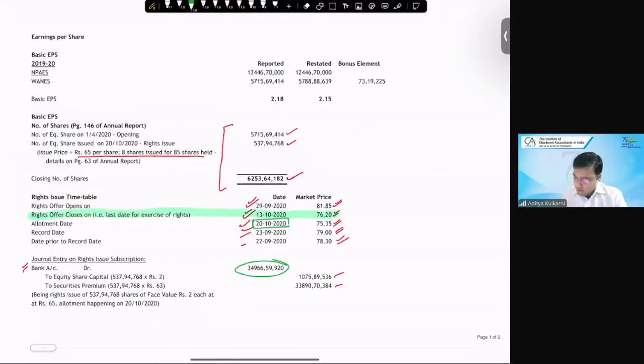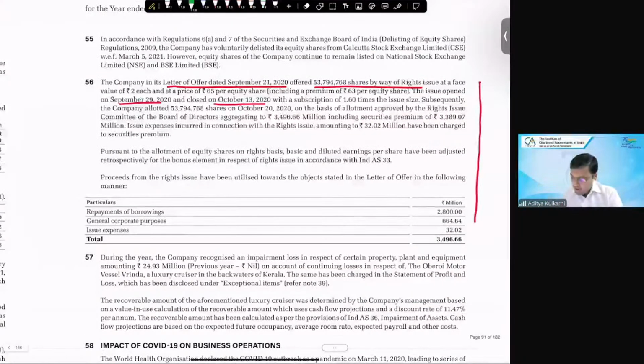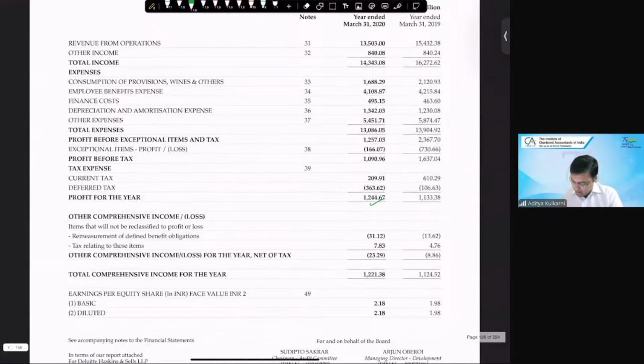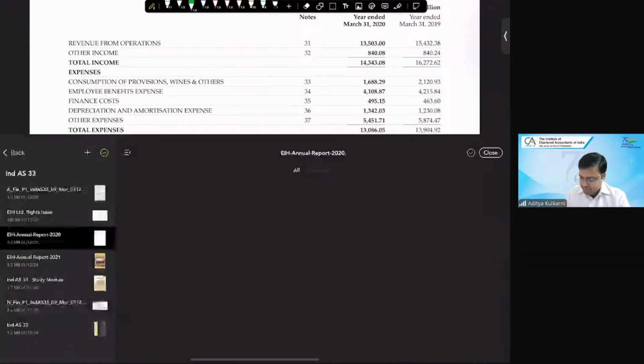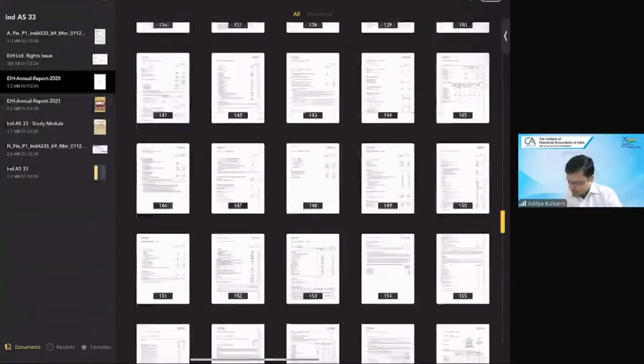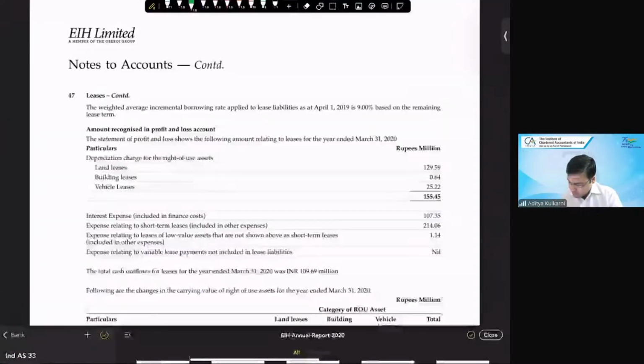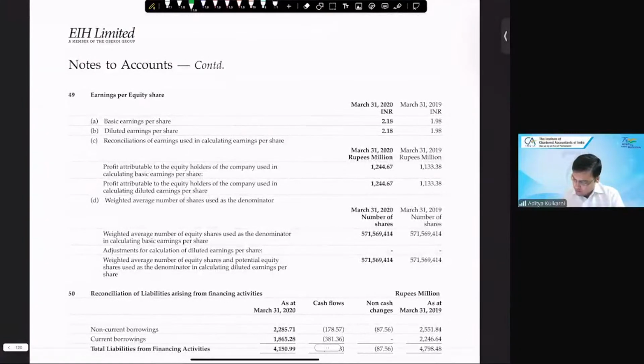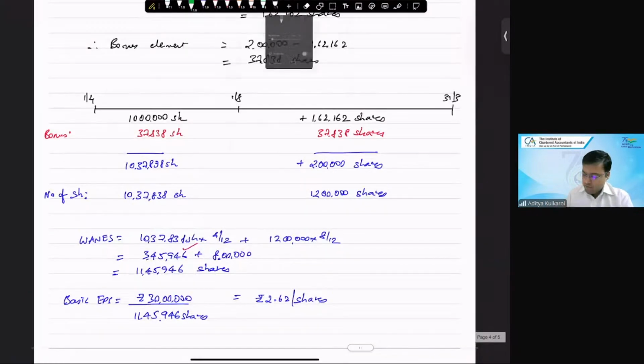So 1244.67 divided by what is my weighted average number of equity shares? Well, in this year, the EPS workings, note number 49. When I go to note number 49, this is the number of shares, 571,569,414.